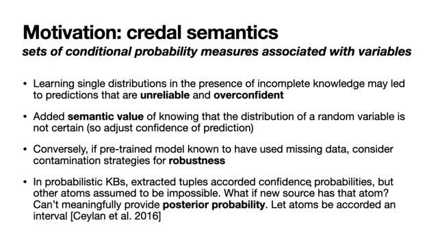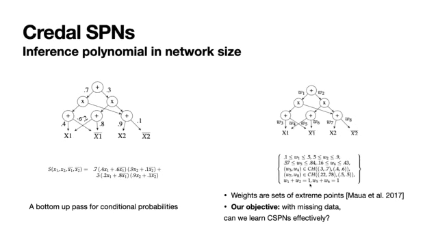Certainly, you'd need a more justified means of arriving at the posterior probability. One of the arguments given in the literature is that you should accord these unforeseen atoms an interval between 0 and some epsilon value, which can then later be updated if you do observe this atom at a later stage. So these are some of the motivations for why Credal semantics are attractive in the presence of missing data.